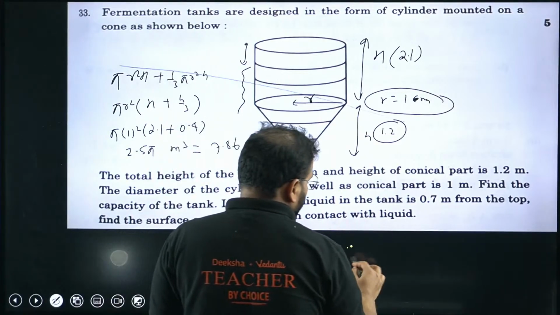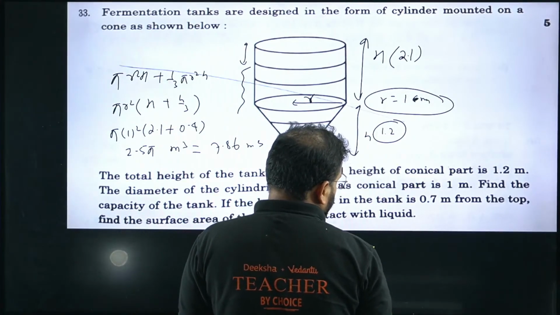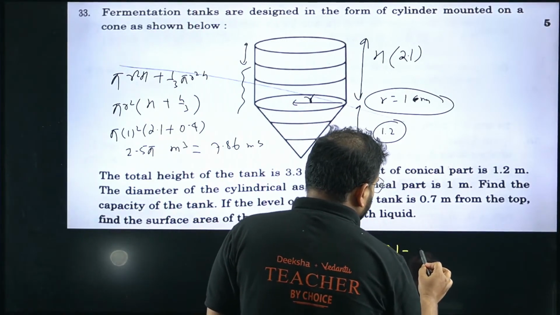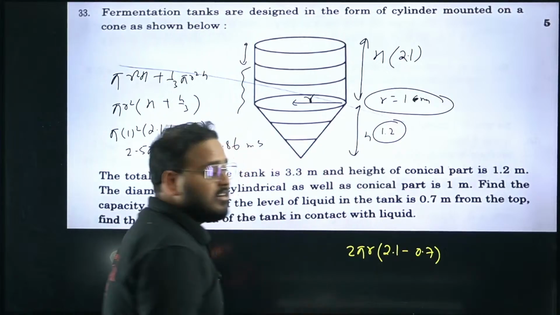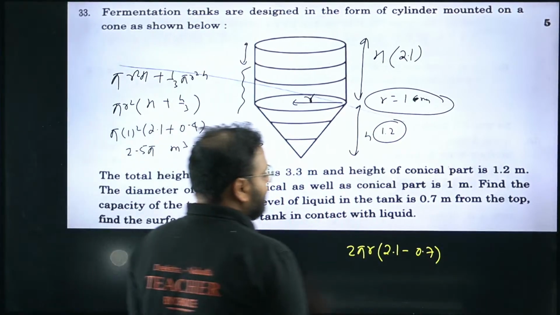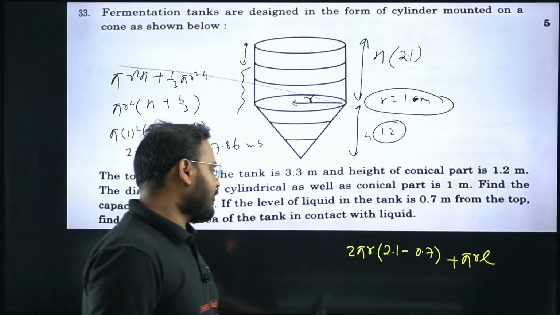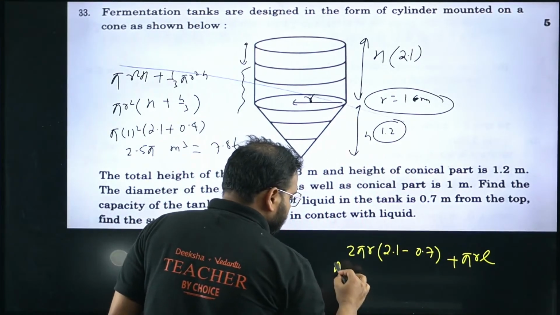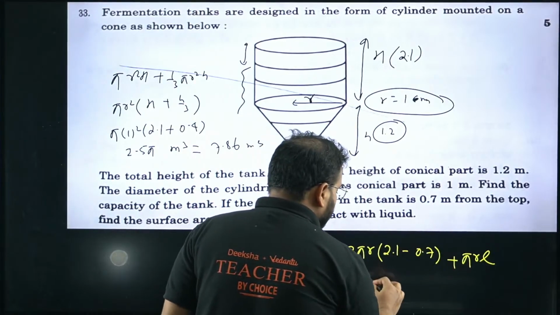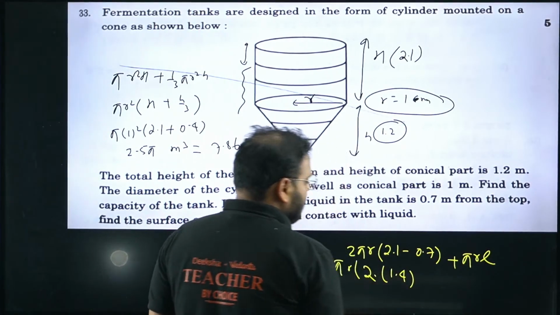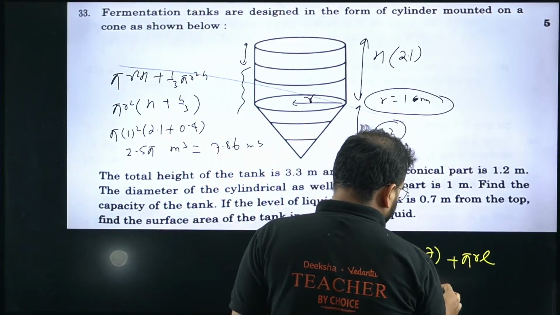You're going to do 2 pi r h like this, with 2.1 minus 0.7 for the cylindrical part, and for the conical part you'll have pi r l. Take pi r common. So you have 2 times 1.4, and over here plus L.